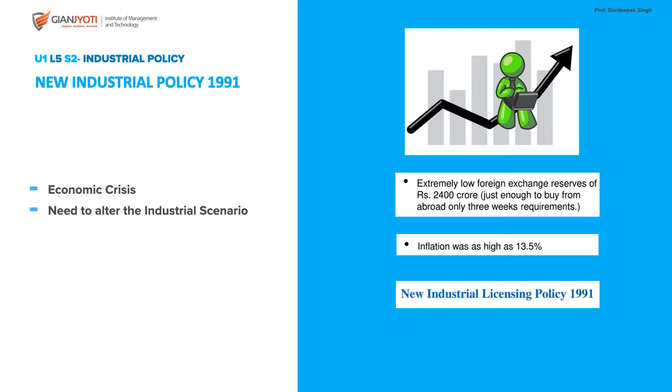So that was the time when Congress was in power, and there was a prime minister who had no idea of economy. His background was not from economics. He was Mr. Narasimha Rao, and he used to be the CM of Andhra Pradesh.